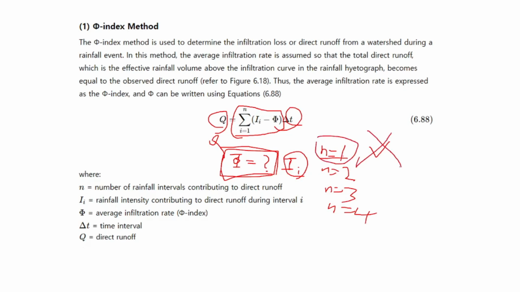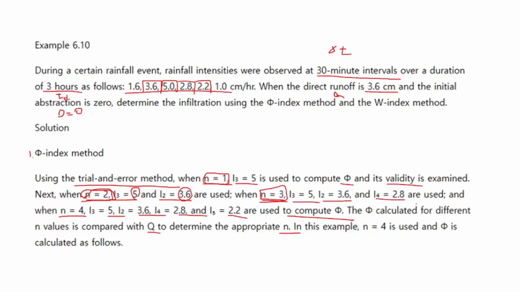But if it doesn't work, then you move on to the next one and see if that works. In our case, n equals 2 didn't work, n equals 3 didn't work, so we chose n equals 4. So in this example, n equals 4 is used, and phi is calculated as follows. I'm going to show you how the trial works, because it says using the trial and error method.